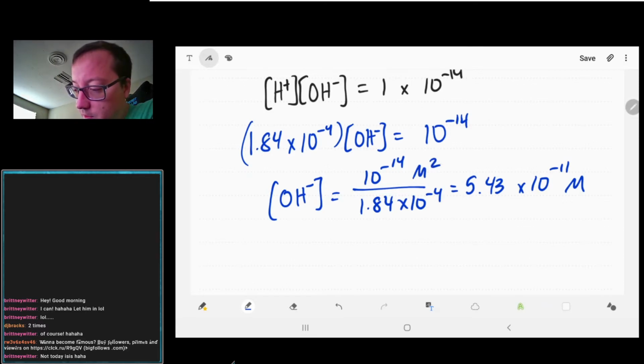Again, this is molar squared over molar, so that's why you get molar at the end. But your answer will always have units of molar. So if you want to just skip that, that's totally okay. So this relationship we can use to figure out either H plus or OH minus depending on what we're given.